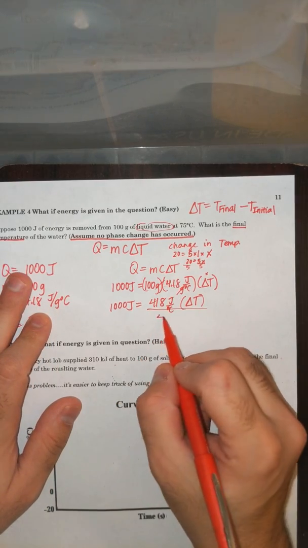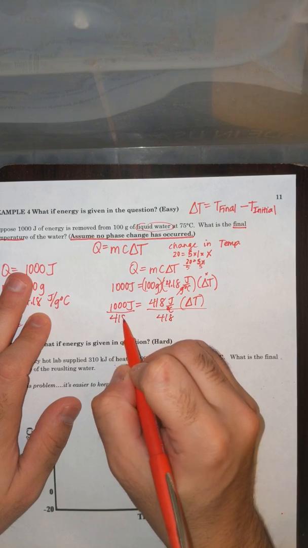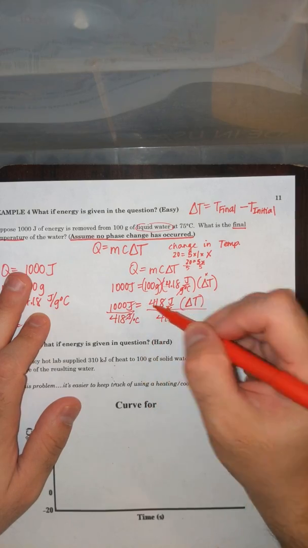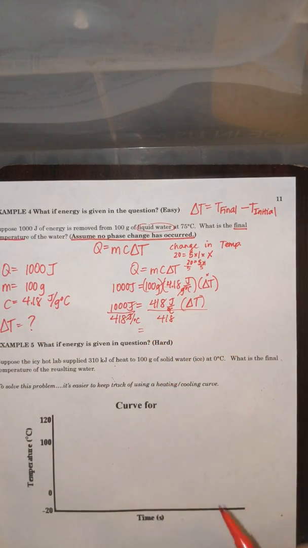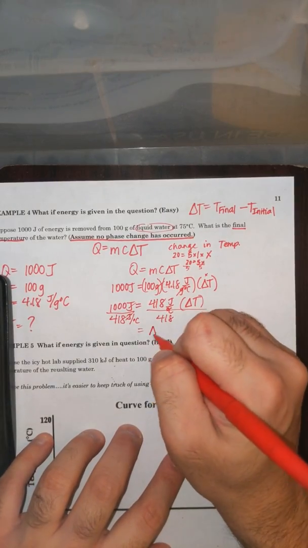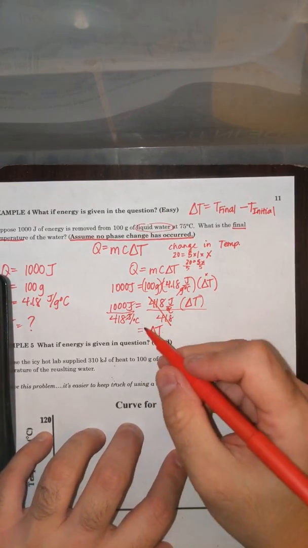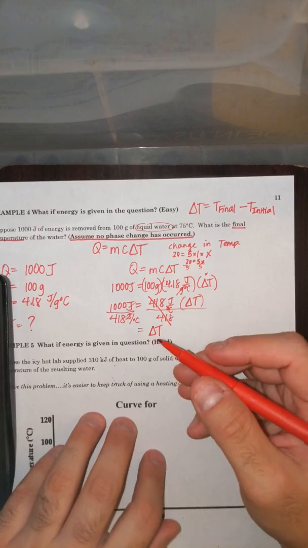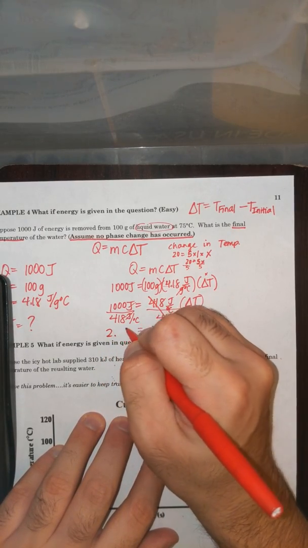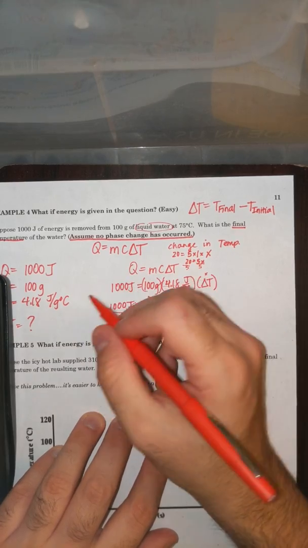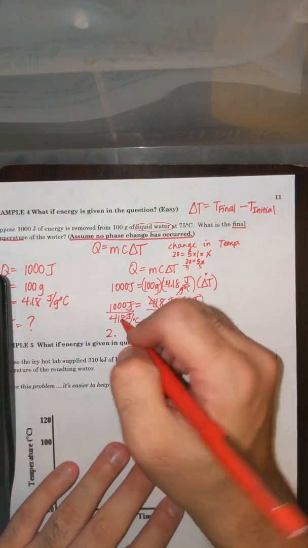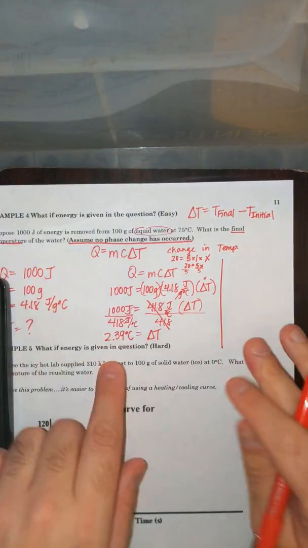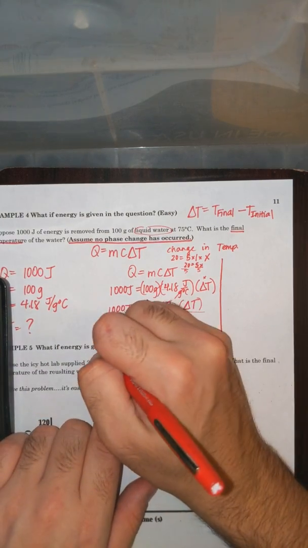I'm also bringing over the units of joules per degree Celsius, so I'm going to end up with degrees Celsius. So 1,000 over 418 is equal to delta T. I'm just going to round it to 3 places; I'm not doing sig figs right now, so don't worry about it. I get 2.39 degrees Celsius.